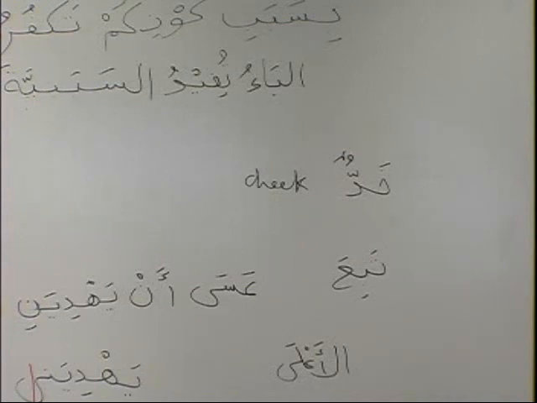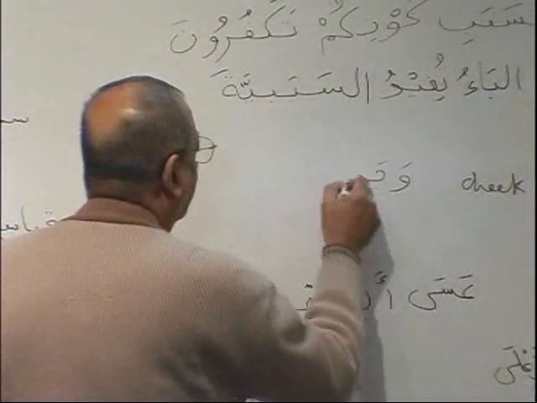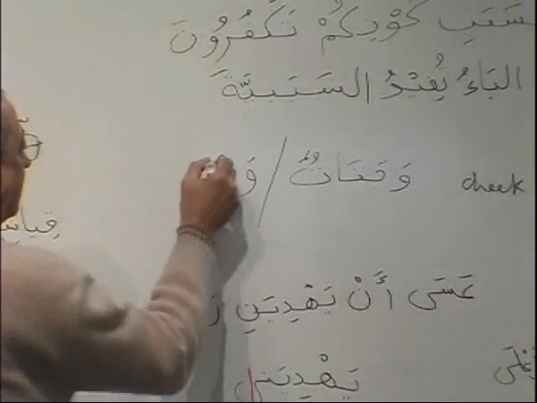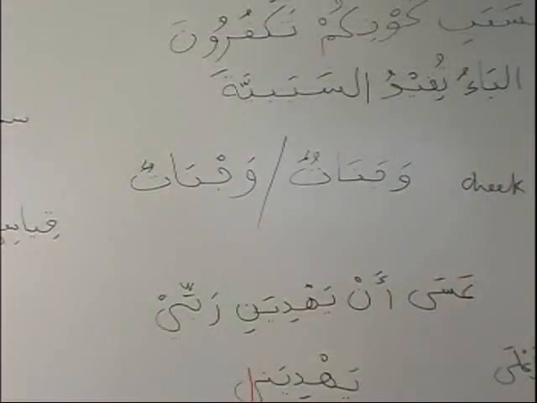What is the plural? Wajanatun, but you can spell it in two ways, brother and sister. Got the idea, brothers and sisters? Inshallah.